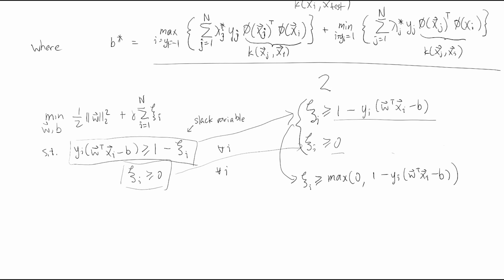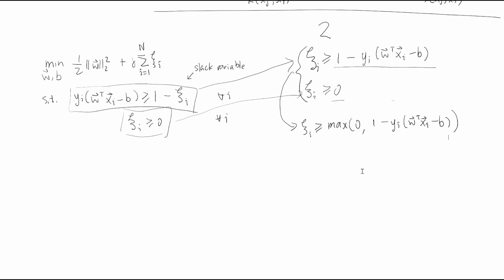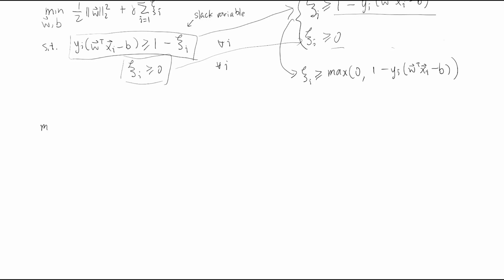Now let's collect everything and rewrite our optimization problem. We minimize 1/2 the squared 2-norm of w plus gamma times the sum from 1 to N of ξi, subject to ξi greater than or equal to max of 0 and 1 minus yi (w transpose xi minus b).